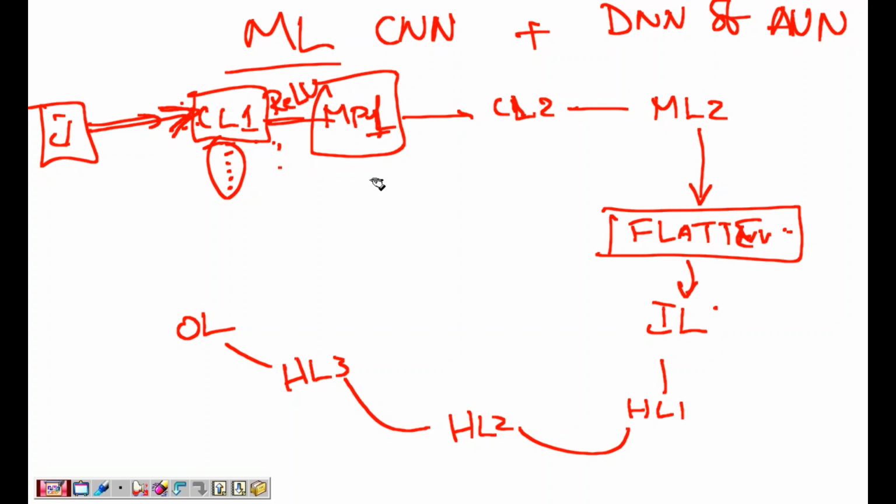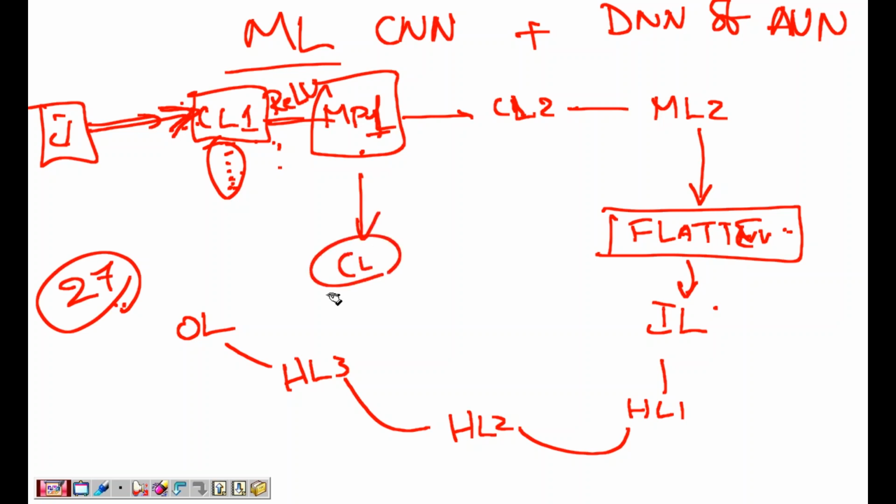That's why max pooling. Okay? So max pooling is definitely a subset of the feature maps. If the feature map size is n, the max pooling size will be less than n dimensions. Got it? So if I want to apply 27 filters, what will be my final convolution layer size?